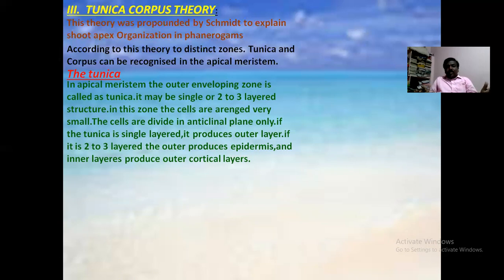If it is two to three layered, the outer layer produces the epidermis and the inner layers produce the outer cortical layers of the stem.